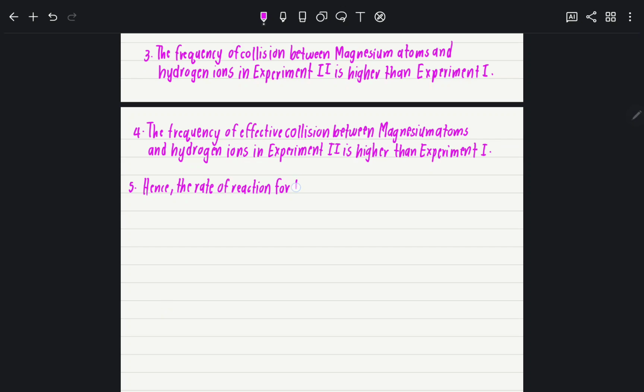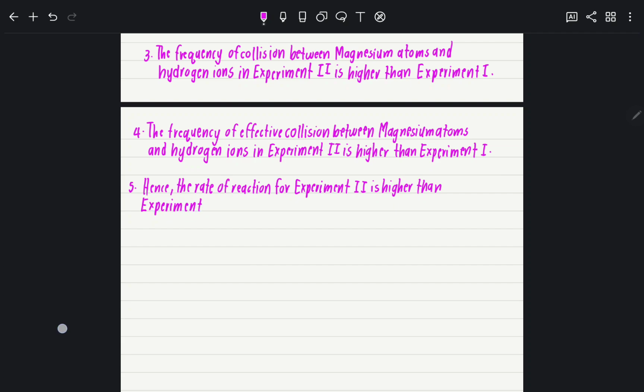Hence, the rate of reaction for experiment 2 is higher than experiment 1. That's all. This is how I write it, higher than experiment 1. If you do it like this, you will get full marks in your exam. It's just a matter of whether you remember how to compare.